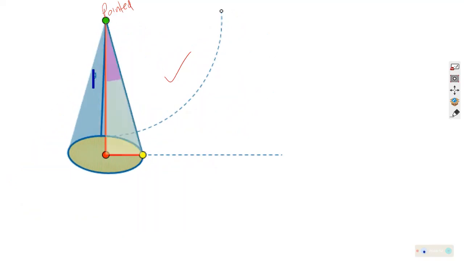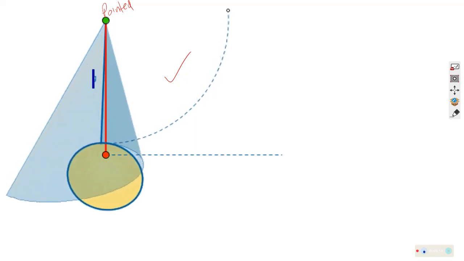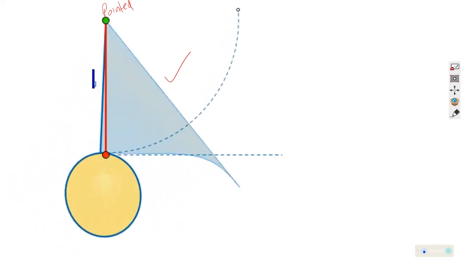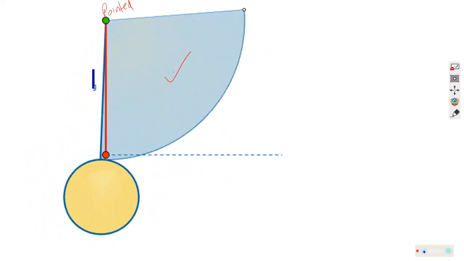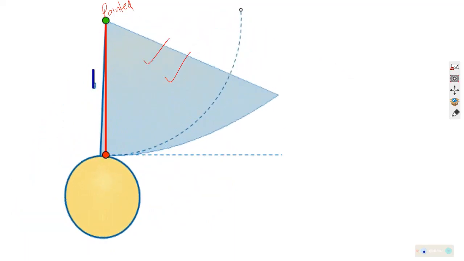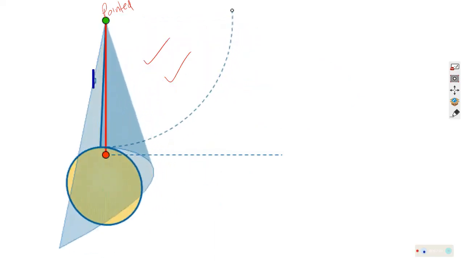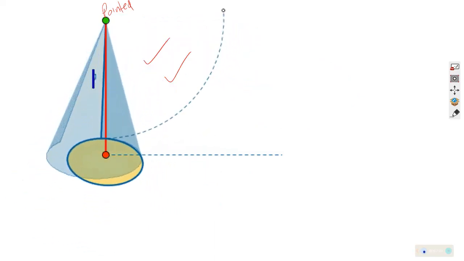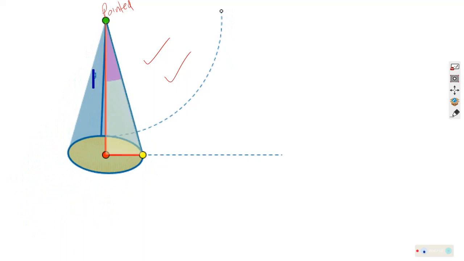But to find out the area of this figure, which you are not so familiar with, this appears like a sector. A sector is a part of a circle. But for that we should know the central angle of that sector.